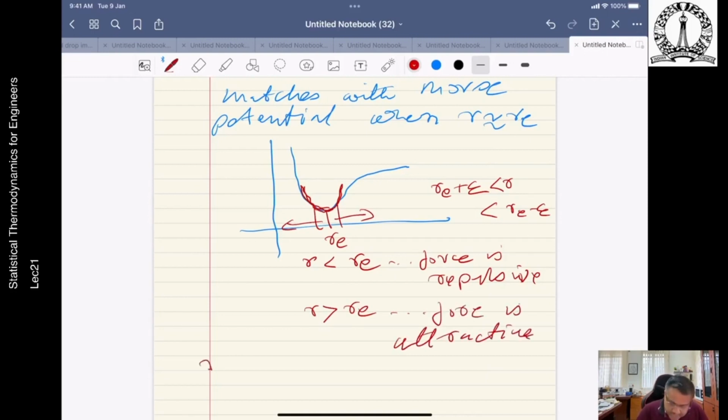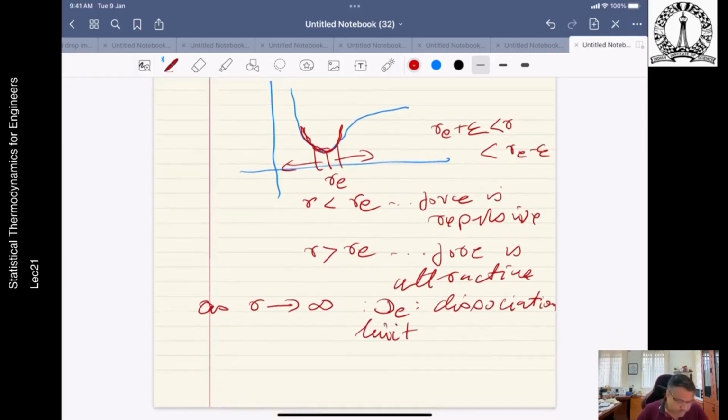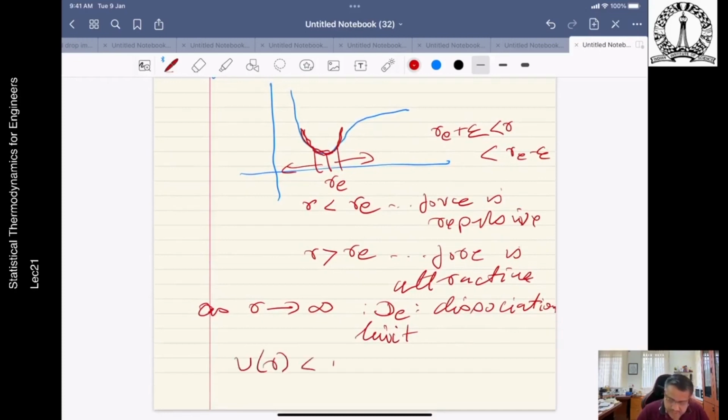And as R goes to infinity, we reach dE, which is called the dissociation limit. That means the bond is broken. So if your VR is less than dE, we have a stable bond between two nuclei.